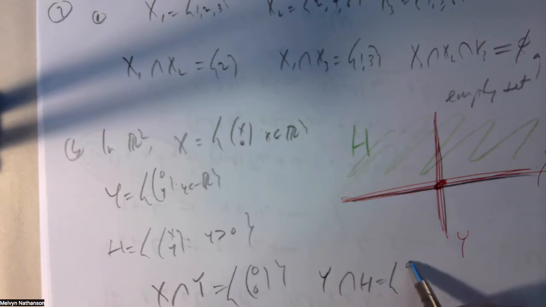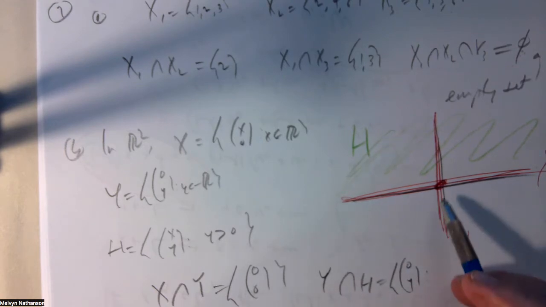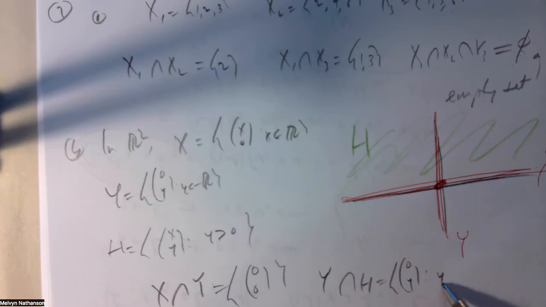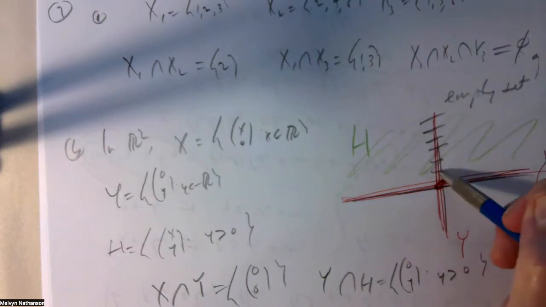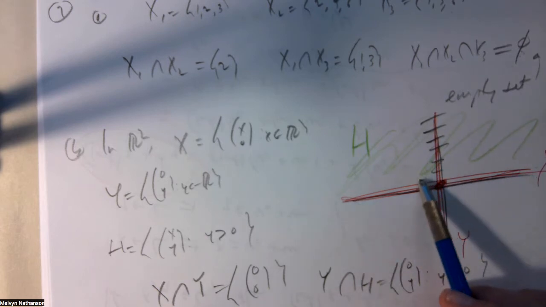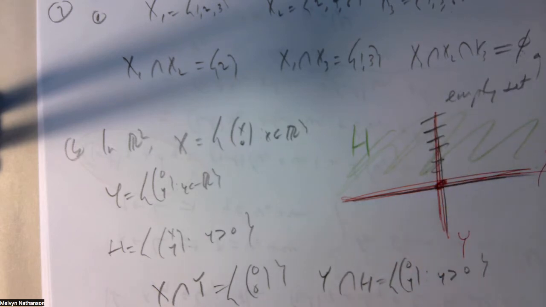So everything in Y is of the form 0, y, and if you're above the x-axis, then y has to be strictly positive. So it's just the part of the y-axis that's above 0. And X intersect H, well, X is the x-axis, H is everything above the x-axis. So this is the empty set. There's nothing there.